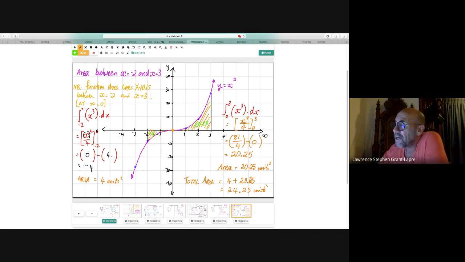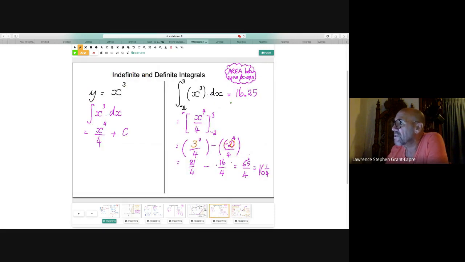Now, if you add -4 with 20.25, you will get 16.25, and that's where this value comes from. It was 20.25 above the x-axis between 0 and 3. -4 below the x-axis becomes overall 16.25. Notice it's not square units, that's definite integral.